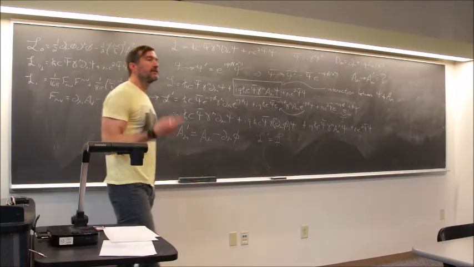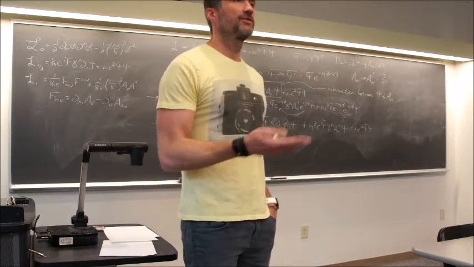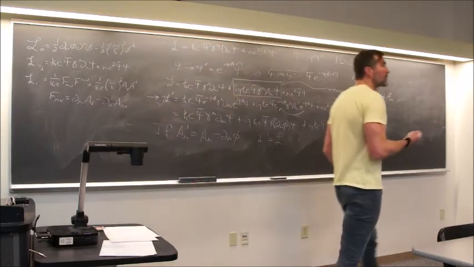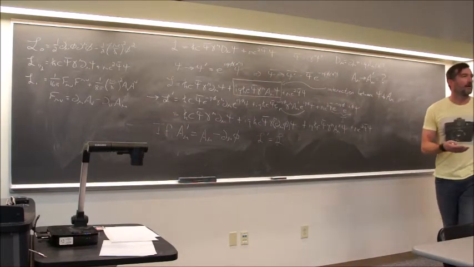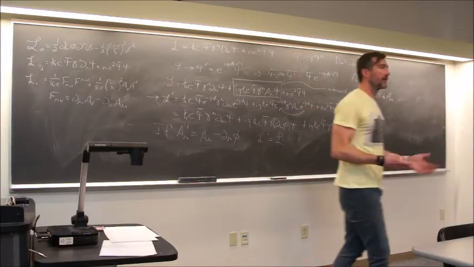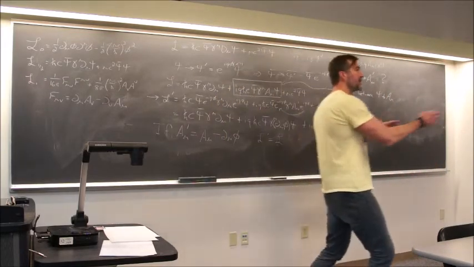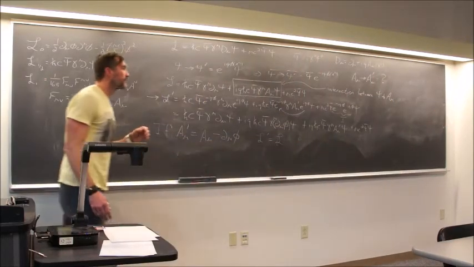To get this theory to be locally invariant, we have to introduce interactions. Thinking about it backwards, interactions are a way of letting things be locally invariant. They're sort of compensating for the fact that you're trying to do things differently at different points in space-time. Okay?